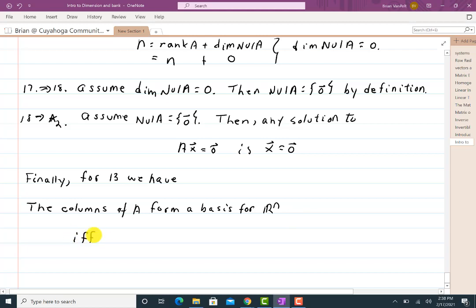So if these columns form a basis, that means those columns are linearly independent and they're spanning. So we have two pieces to this if and only if.